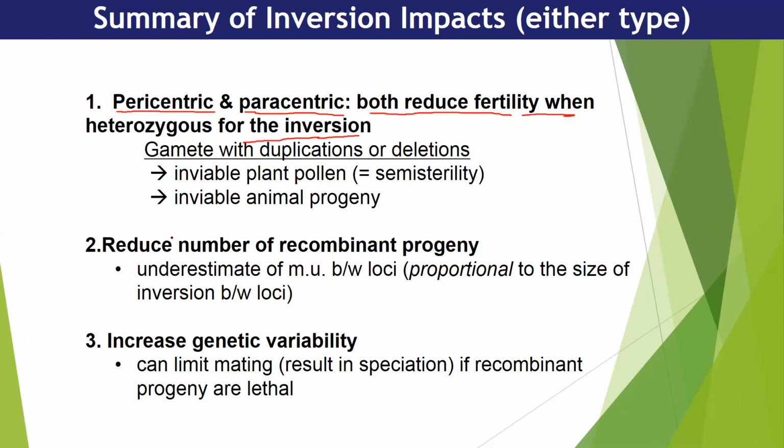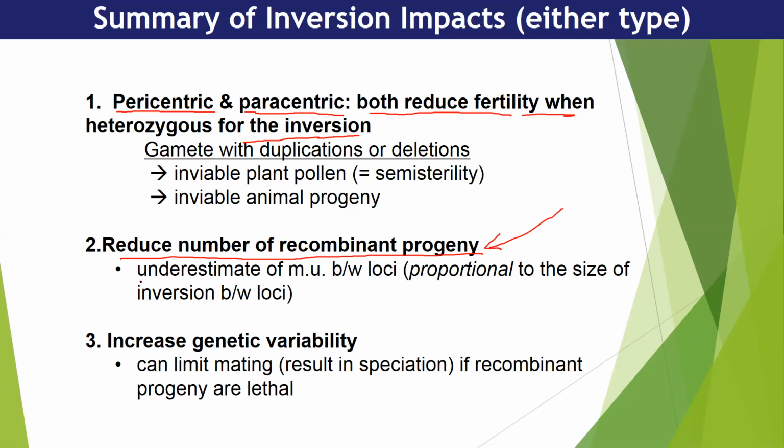And so what's the effect of the inversion on genetics? We know this will reduce the number of recombinant progeny in the test cross, right?